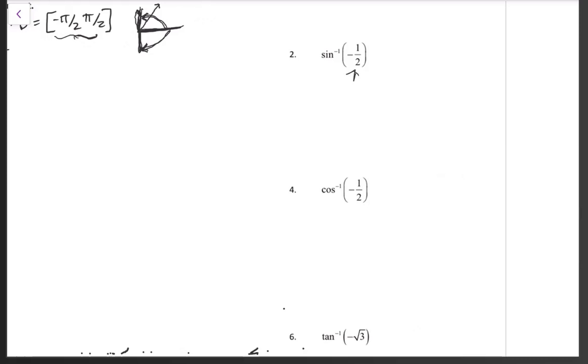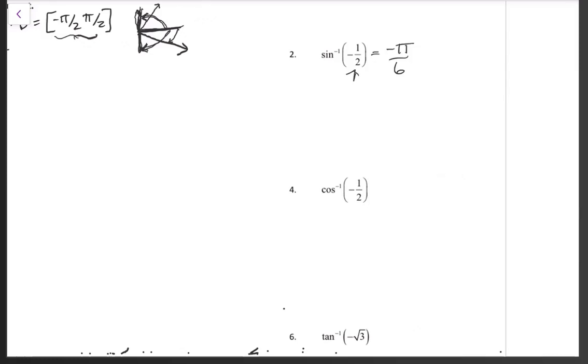So I want to make sure that I rotate from the positive x-axis in a clockwise direction until I get to that common angle where sine is equal to negative 1/2. And I know that angle is located at minus pi over 6.